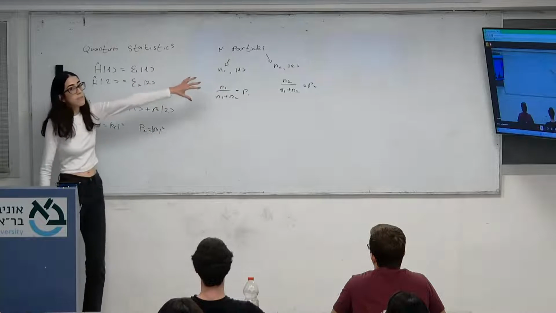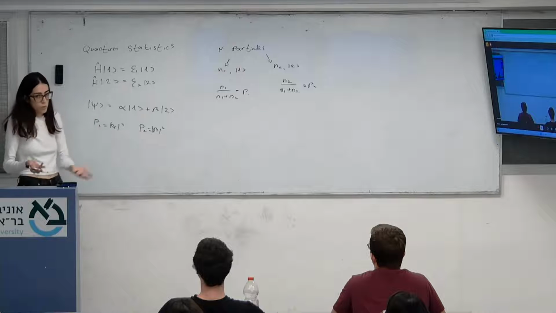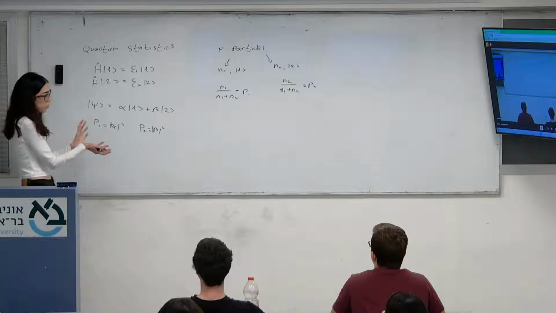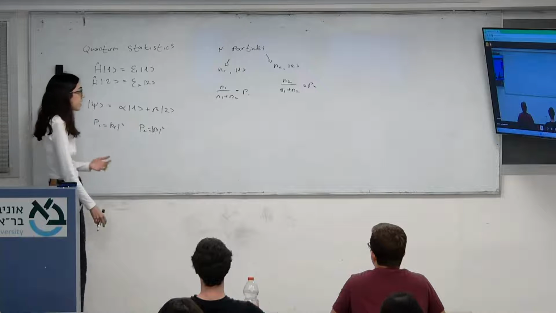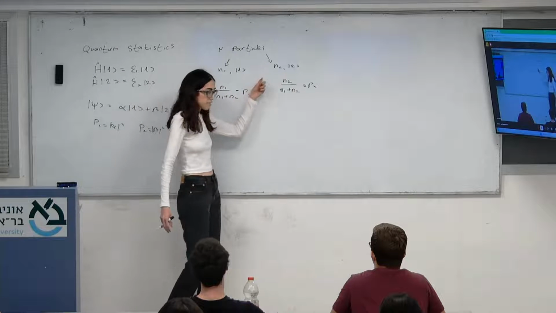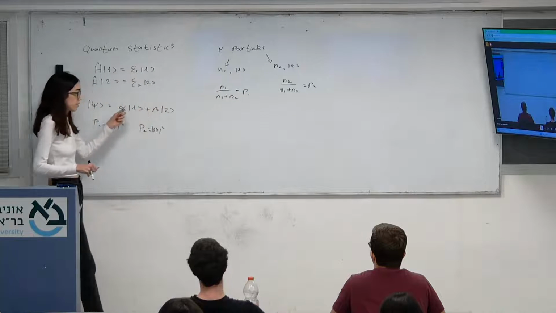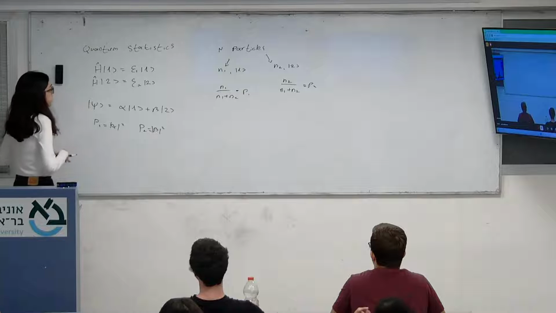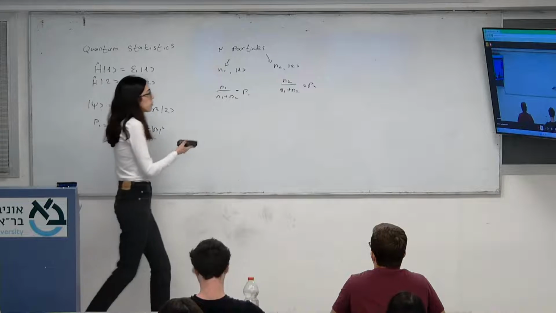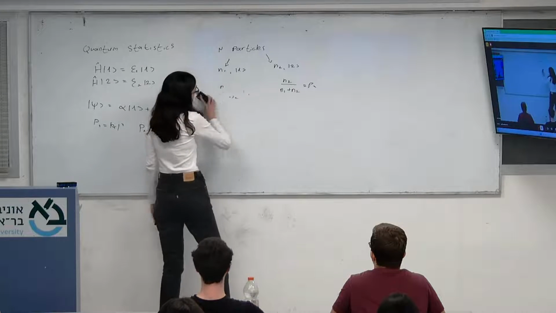Now we know how to solve that, and we know how to solve that. Now we want to see what happens when we combine both of them together. So I have statistics of particles that each have a superposition. So how are we going to treat that?